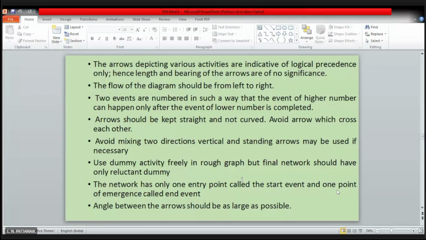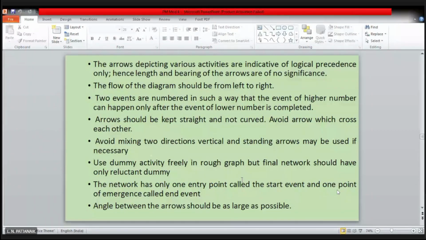The flow of the diagram should be from left to the right. I have already told you. You will start constructing the network diagram from the left and you will move towards the right. Two events are numbered in such a way that the event of higher number can happen only after the lower one. So the event numbers are marked inside the nodes. ठीक है, जो circle है, ये आप square भी use कर सकते हैं.